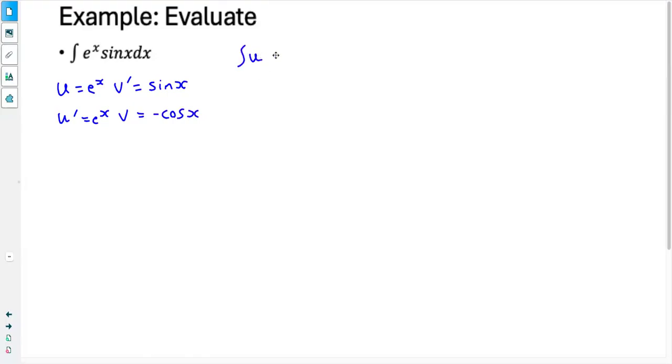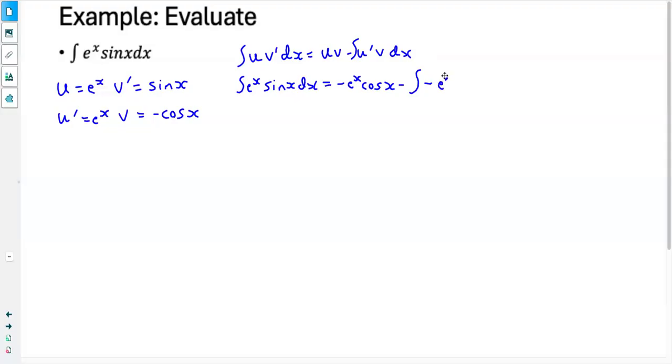So if we have the integral of u v prime dx equals uv minus the integral of u prime v dx, we can say that our integral of e to the x sine x dx is equal to negative e to the x cos x minus our integral of u prime v, so of negative e to the x cos x dx.